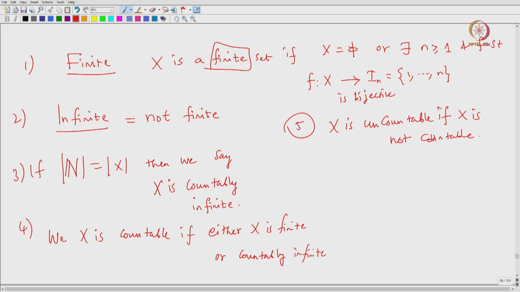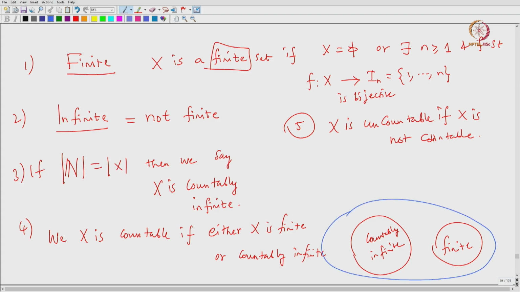So, you have all these things: you have finite, you have countably infinite, and these two form countable, and outside you have uncountable. These are all the notions that we have introduced, and we will see later that within uncountable itself we can talk about various types of infinities.